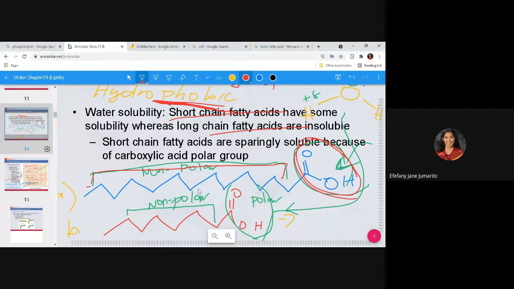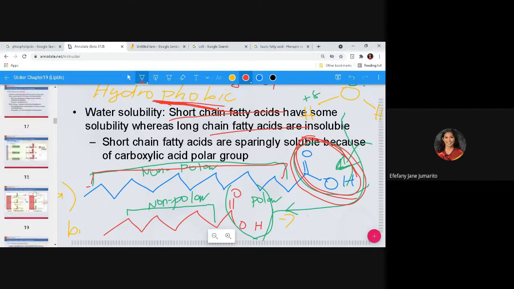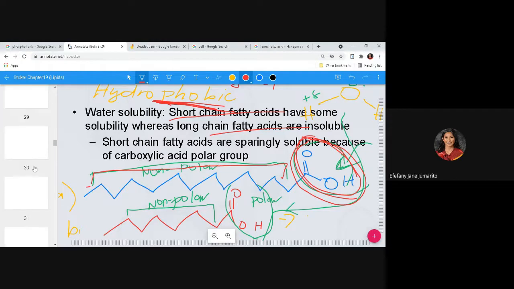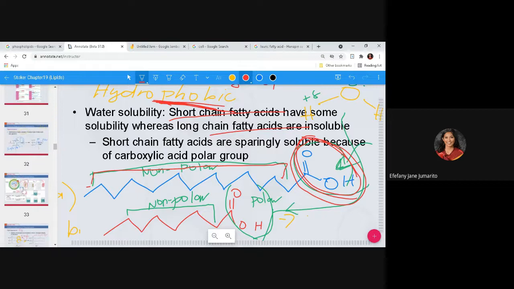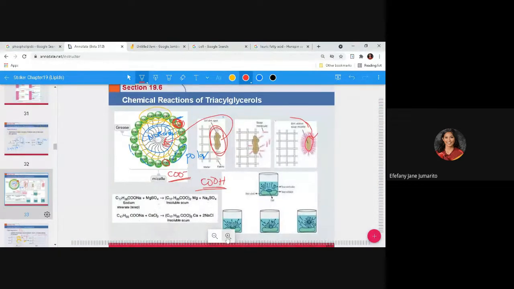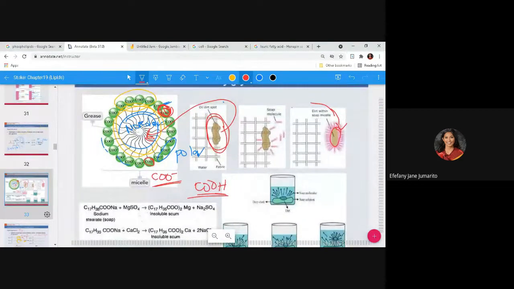None, so this is your non-polar group. This carboxylic group is your polar group. Your fatty acid and your micelle have a carboxylic acid, so the carboxylic acid makes the soap head polar.